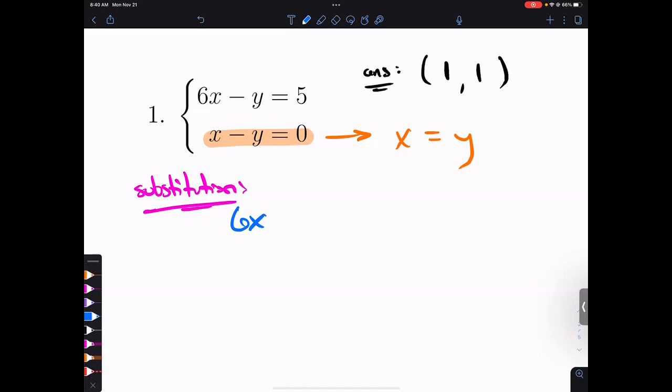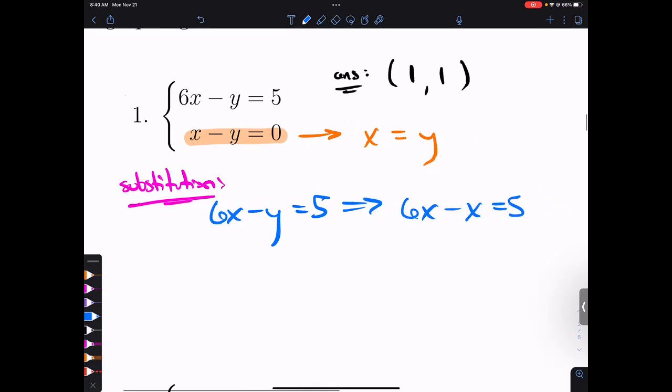So 6x minus y equals 5 becomes 6x minus x equals 5, or 6y minus y equals 5, either way. So 5x is 5. So x is 1. And then if x is 1, once you have a value for one of them, assuming everything else has gone correctly, you can plug it into either.